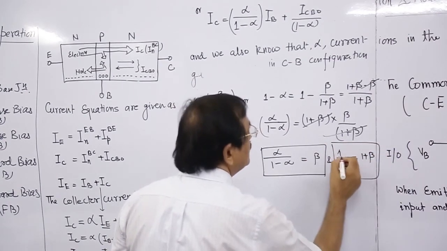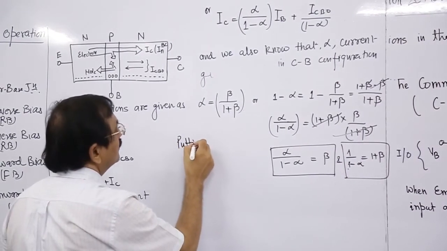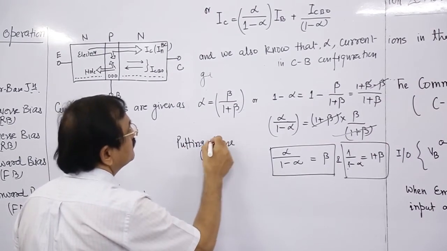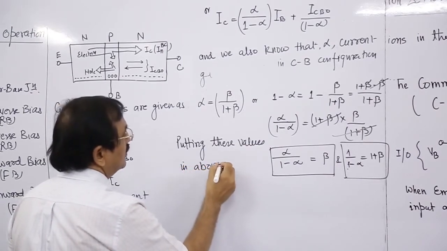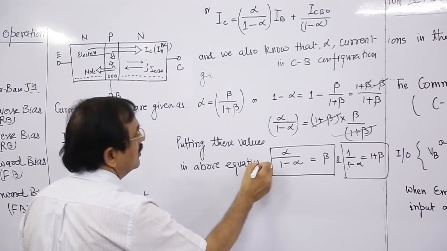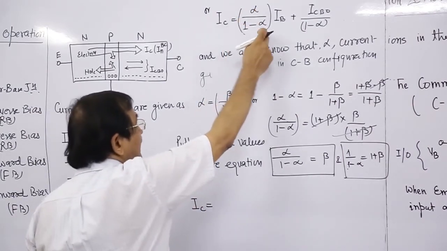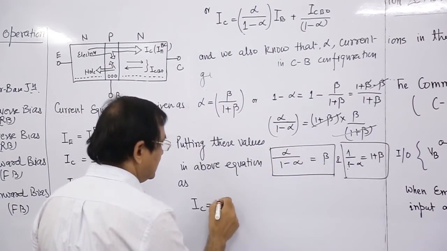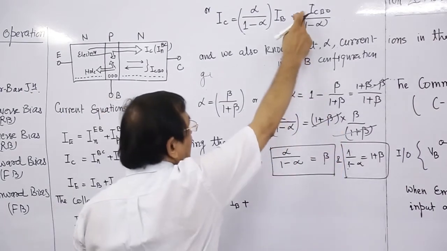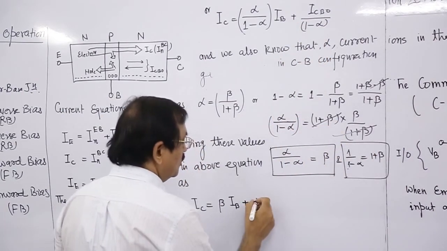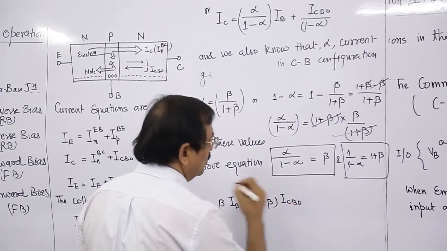These two things. Putting these values in the above equation, IC is equal to alpha upon 1 minus alpha, which is beta, times IB, plus 1 upon 1 minus alpha, which is 1 plus beta, times ICBO.